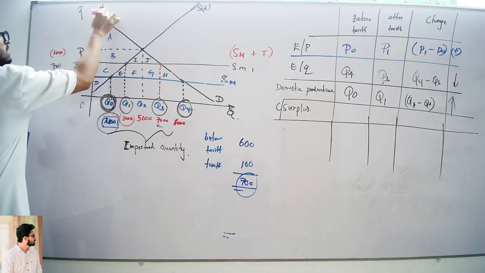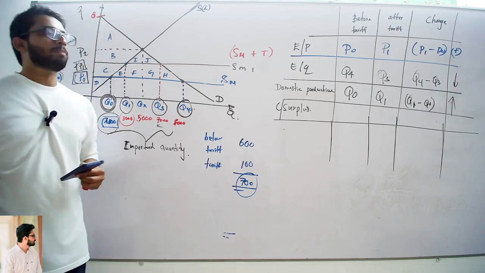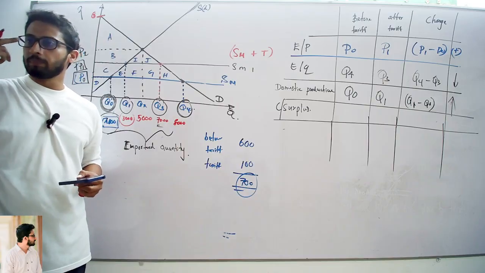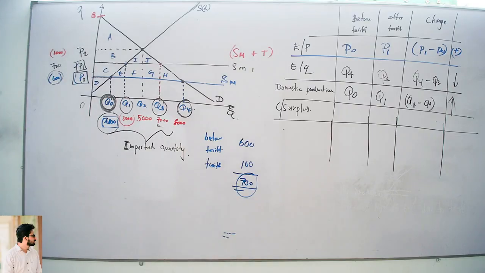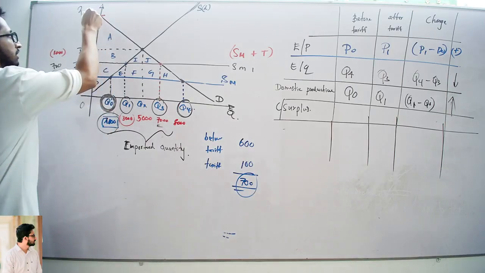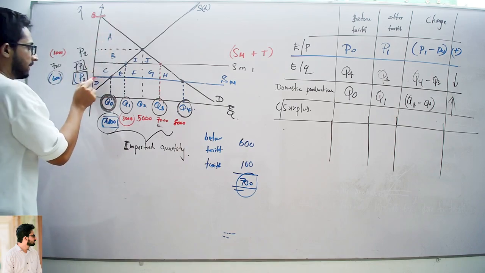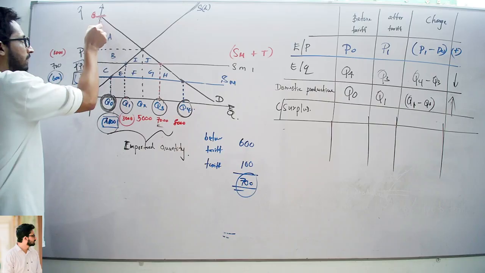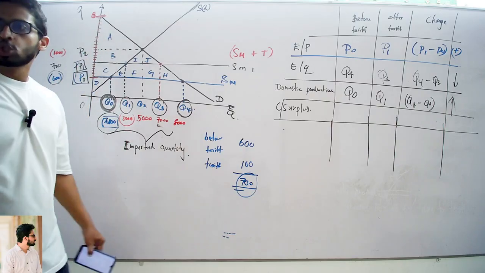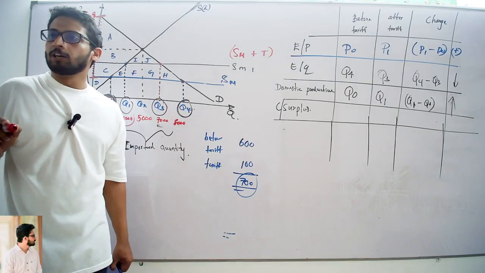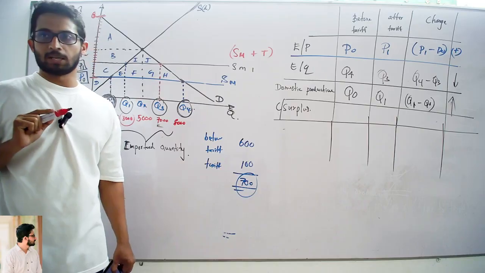Before the tariff, what is the price actually paid by consumers? P0. The consumers are willing to pay this price, but actually paid the P0 price. This distance should be multiplied by the actual quantity purchased by consumers.